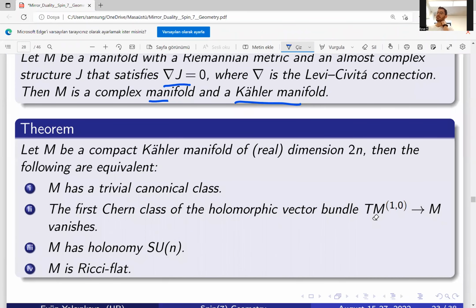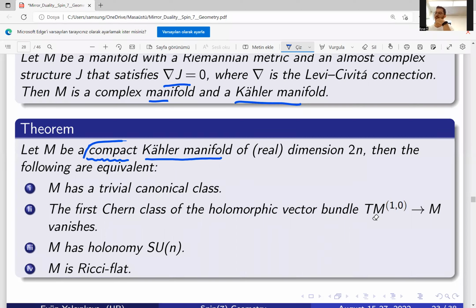But for the extra condition, if you have a compact Kähler manifold, now we know that the Kähler manifold is more powerful than the complex structure. The extra condition, what is that? The parallel almost complex structure, or the closed (1,1) form, or for each direction you can preserve your Kähler form. All of them are the same.